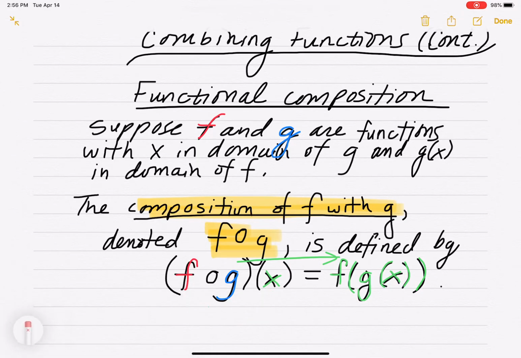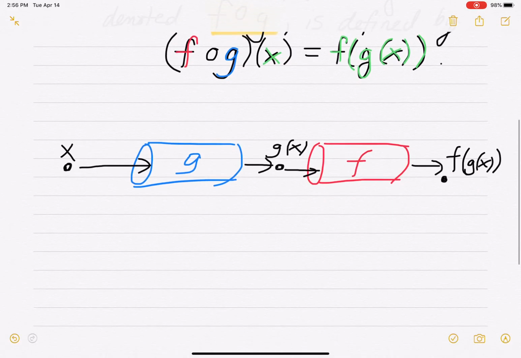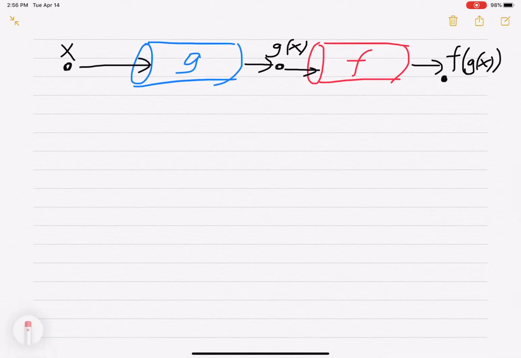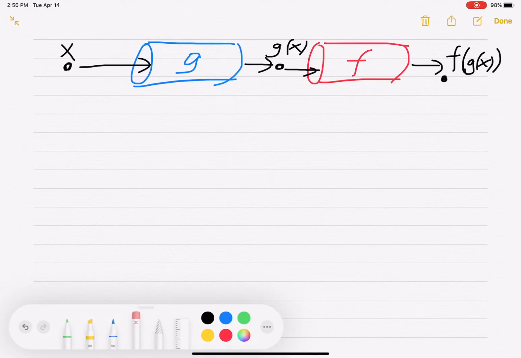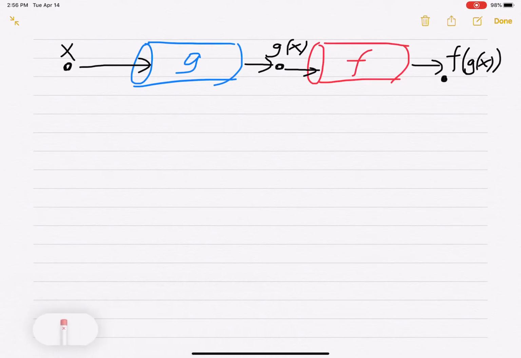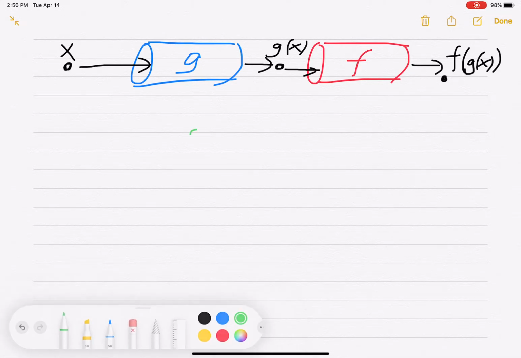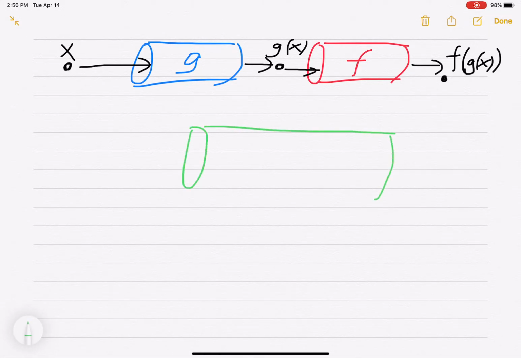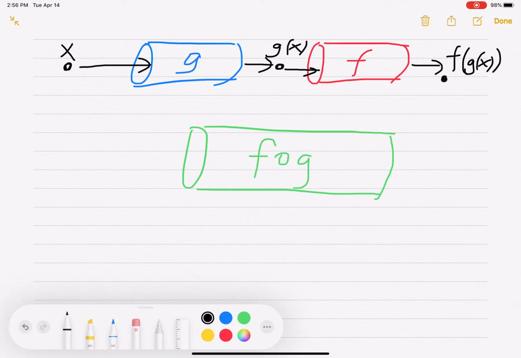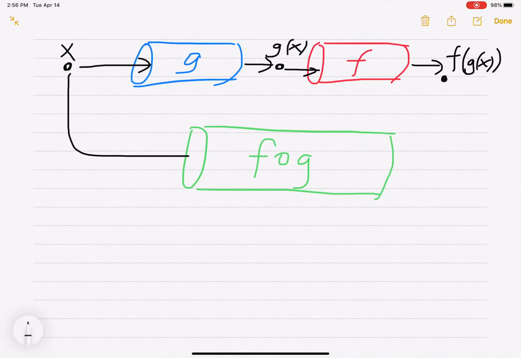I'll just erase those arrows. So imagine we had some function called the fog function. There you are, green. F circle g, f composed with g. So the idea then is that you plug in x into the machine, and out the other side comes f of g of x.